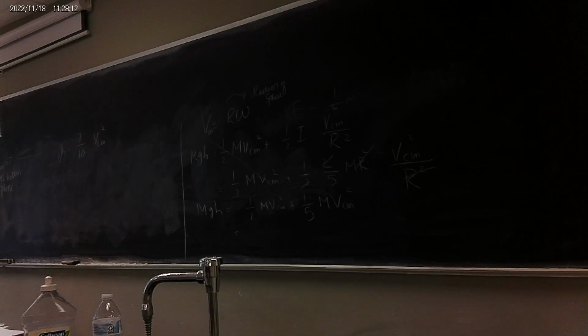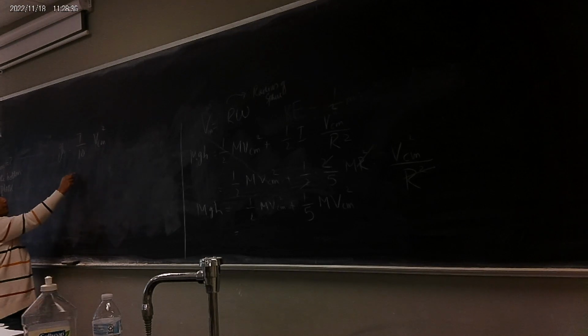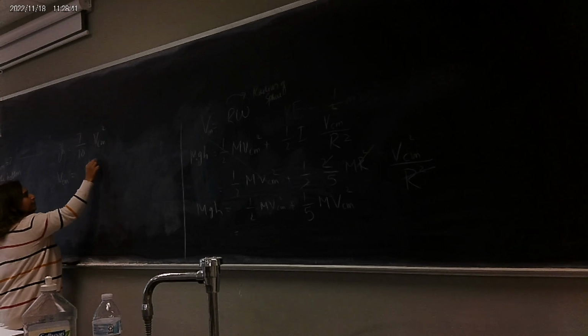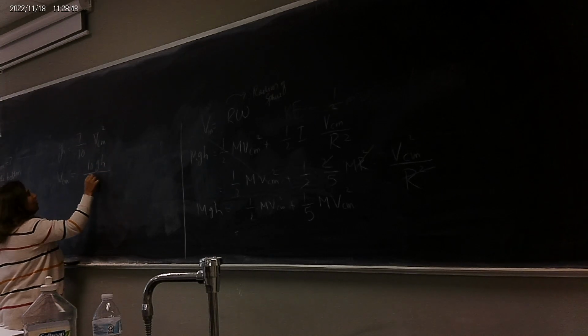Does that look all right? VCM would be equal to the square root of 10 gh over 7.